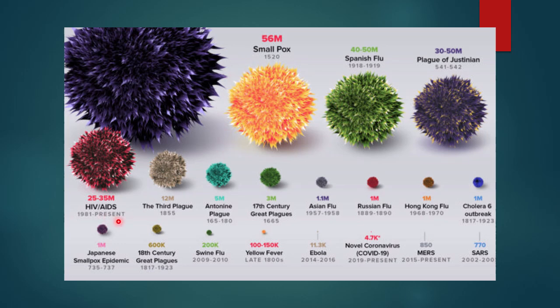Of course, HIV and AIDS is still current today, and there's the Black Plague and a bunch of other different ones. Here's COVID right here, which is still pretty small in the large scale of things. Just smallpox killed 56 million people. We're lucky that coronavirus wasn't as bad as it was. So we're lucky.